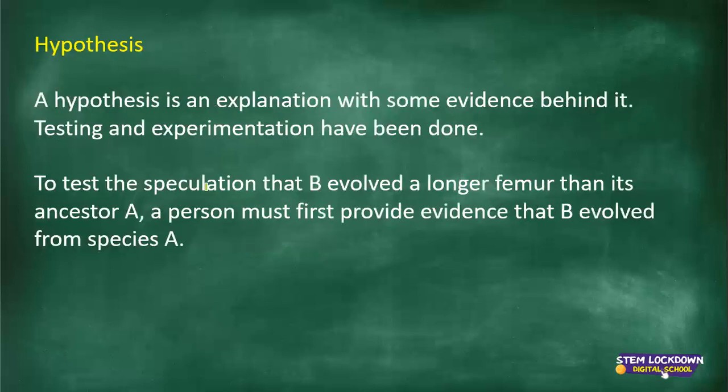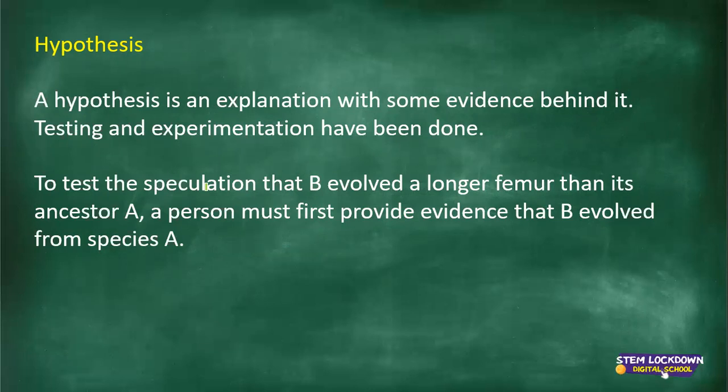A hypothesis though, a hypothesis is an explanation with some evidence behind it. Testing and experimentation have been done. So when you bring forth the hypothesis, now you have evidence. You're not just speculating. There is evidence behind it, meaning you have tested it and you have done experiments.